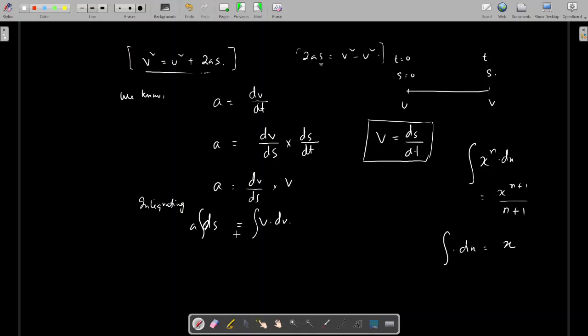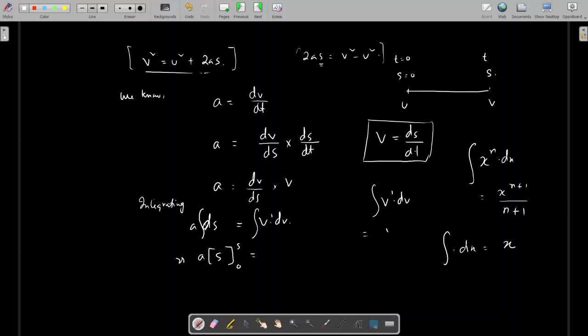Now what will be the integration of ds? It will be s. What will be the limits? From 0 to s. So here will be 0, here will be s. Now here integration of v dv, now v to the power 1, so what will it become?